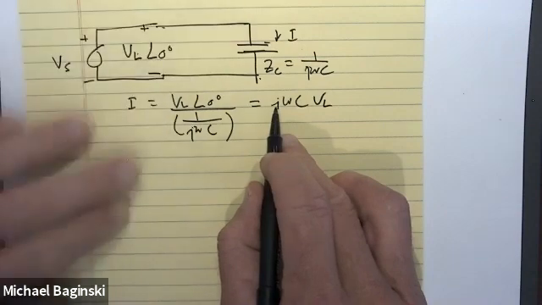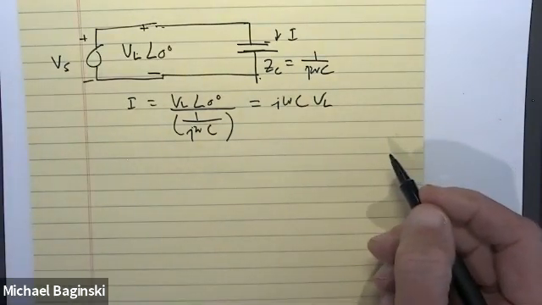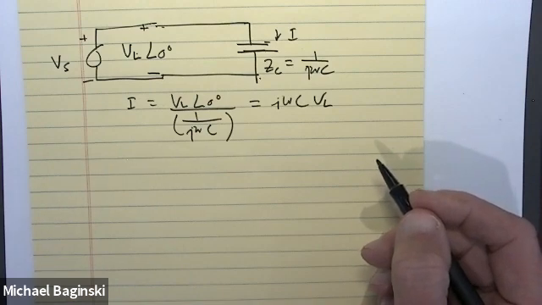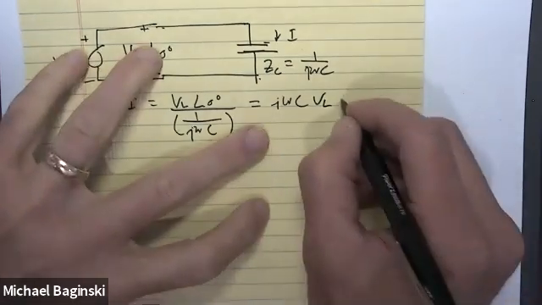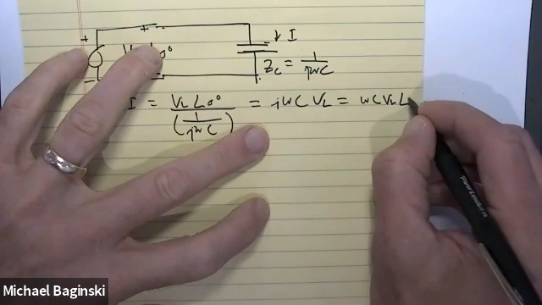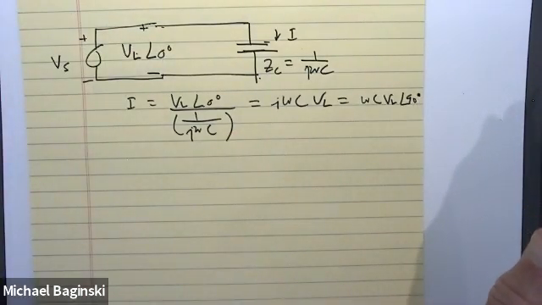Now, what is this in terms of an angle? If I have j, how can I replace j in terms of a magnitude and an angle? Anyone? It's a magnitude of 1, whoever said that's right, and it's an angle of 90 degrees. Do you agree, class? So I can rewrite this as simply omega times C times VL at 90 degrees. I'm using degrees, not radians.